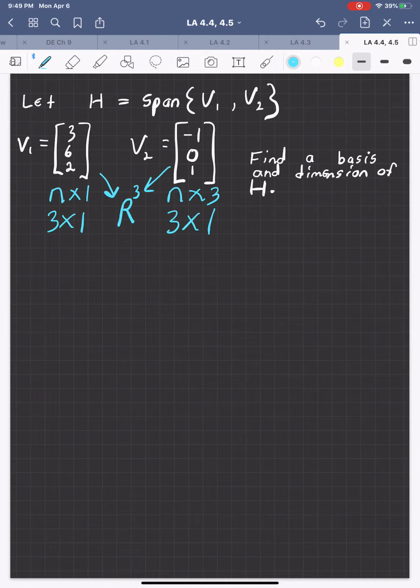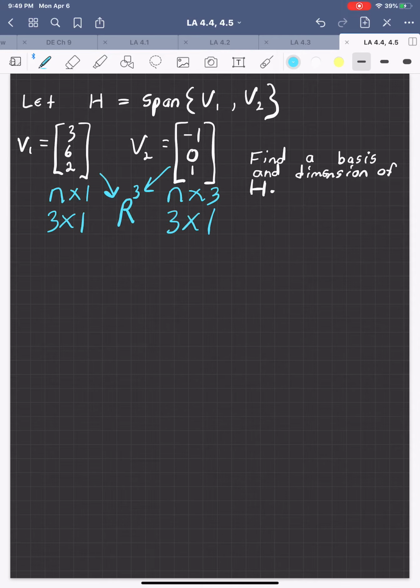Now, the question we have to ask, and I'm going to show you the geometry of what's really happening here, is: are these two vectors linearly independent or dependent?